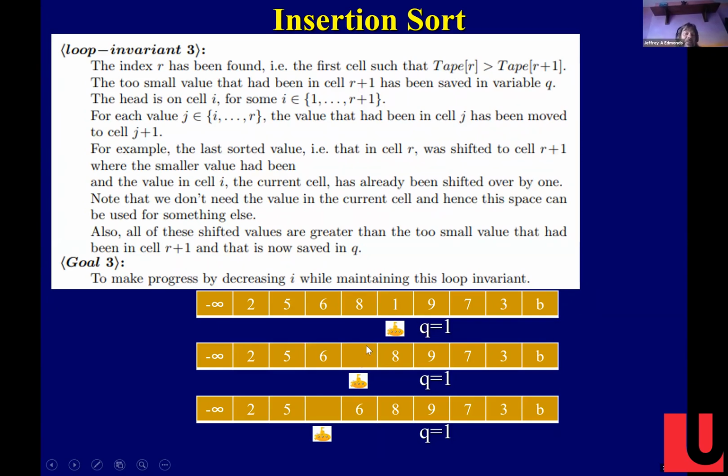We went from this picture to this picture to this picture, and you need to understand what the pictures are. But there was an action that you moved 6. Yeah, the difference between this and this is an action. So later we'll talk about the code that makes that action happen, right? But at the moment, all we're getting is what our loop invariant is saying. The loop invariant is saying everybody has shifted, right?